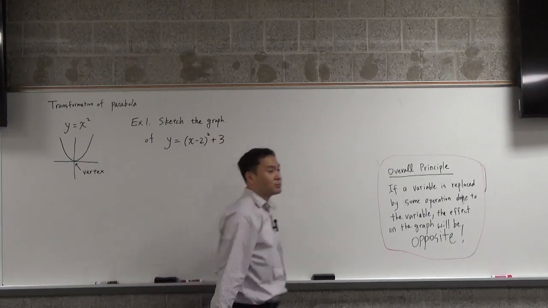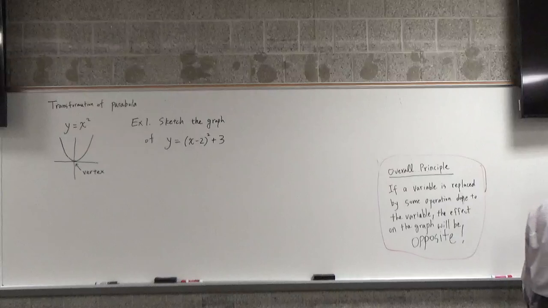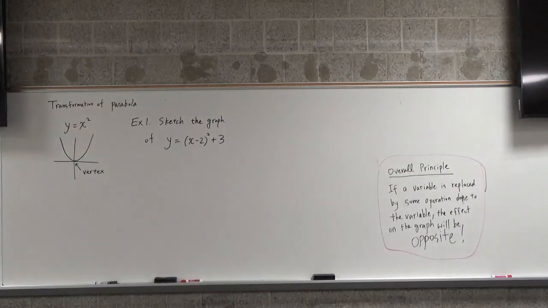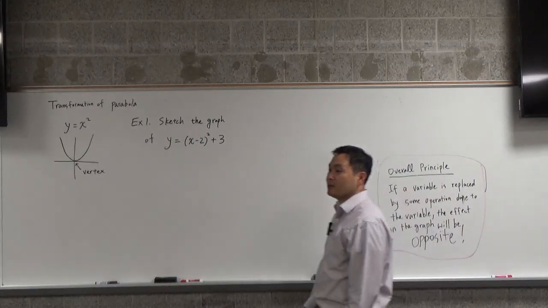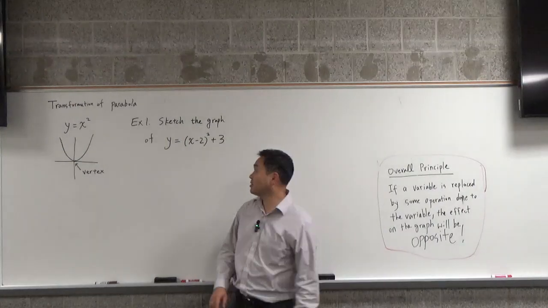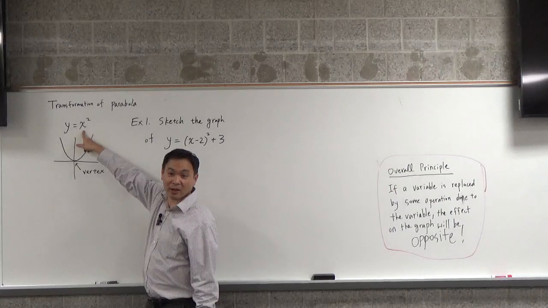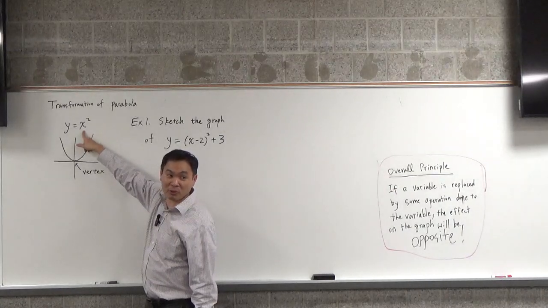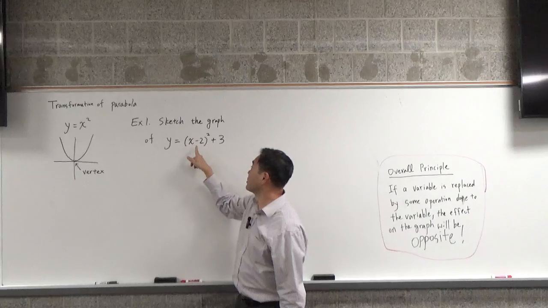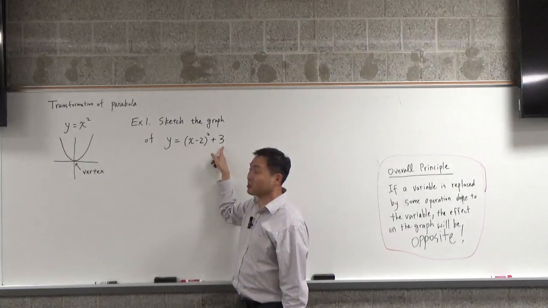Let's think about this. Question. Original graph is x squared. And now we're transforming this to make it x minus 2 squared and then adding 3, right? So what are we doing?